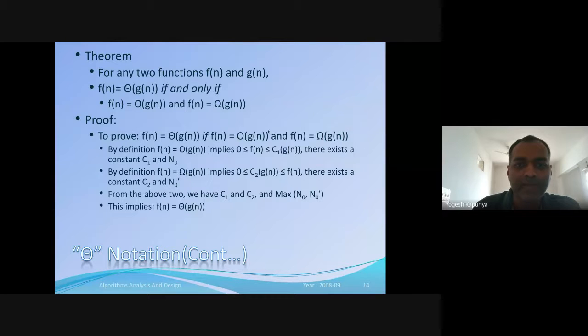When I assume that Fn is equal to big O of Gn, then by definition, it implies that I can find some constant C1 and some value n0 such that 0 is less than or equal to Fn is less than or equal to C1 into Gn.